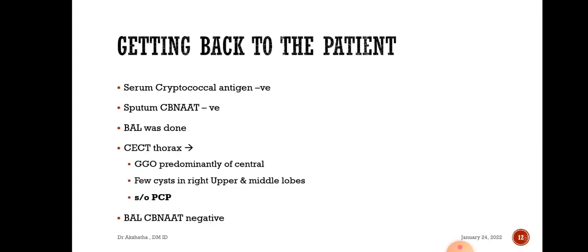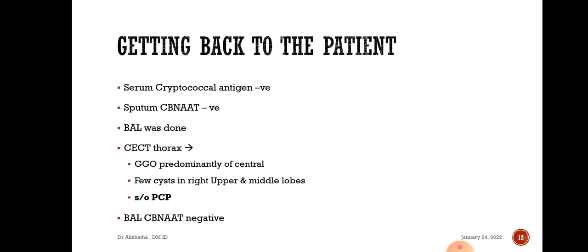So getting back to the patient, his serum cryptococcal antigen was negative. So this almost rules out the disseminated form of cryptococcus. As I have discussed in my previous class on cryptococcus, initially the presentation is pulmonary, followed by dissemination through the blood.